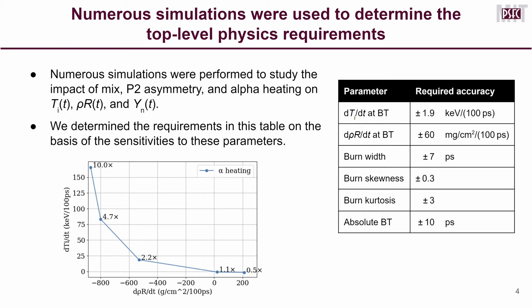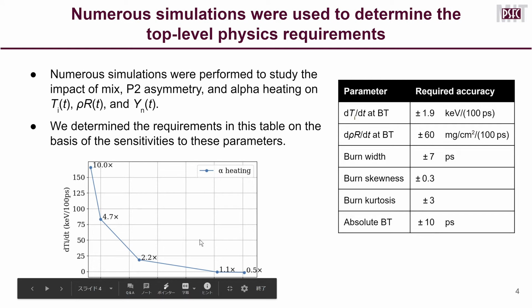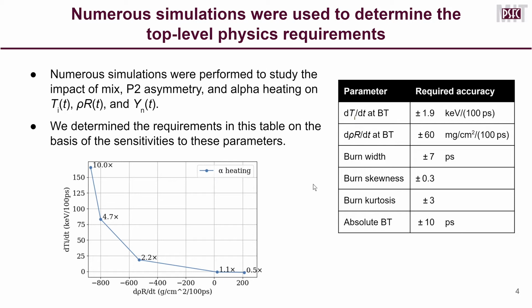And so, in order to ensure that we can probe alpha heating as well as the mix and P2 asymmetry of an implosion, it was found through these simulations that we will need these required accuracies for each of these parameters that we want to measure. Each of these represents a 1 sigma accuracy that we want to achieve with the MRSt.